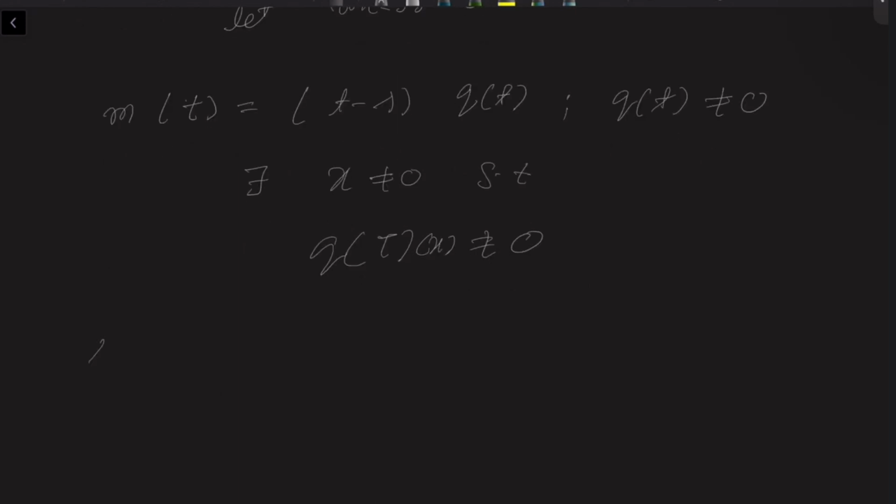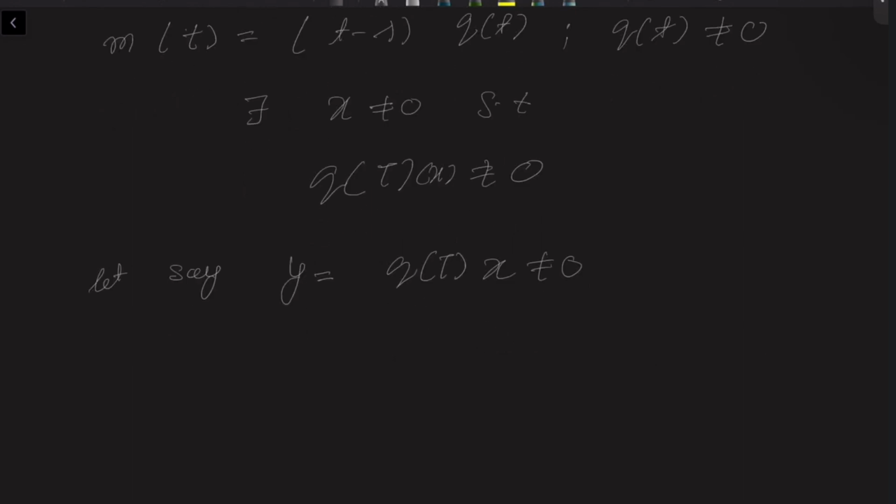So we will take y equals q of t of x, which is non-zero. Now m of t x is 0, so I'll just replace this by t minus lambda I times q of t of x.